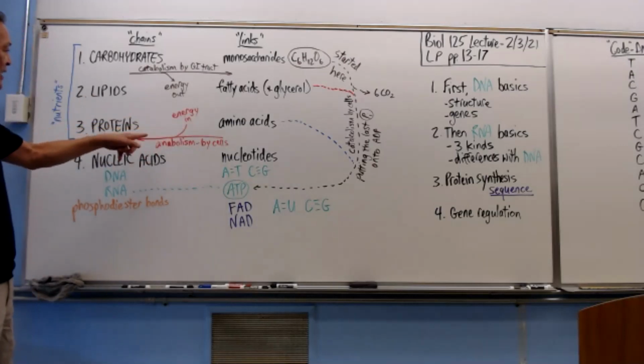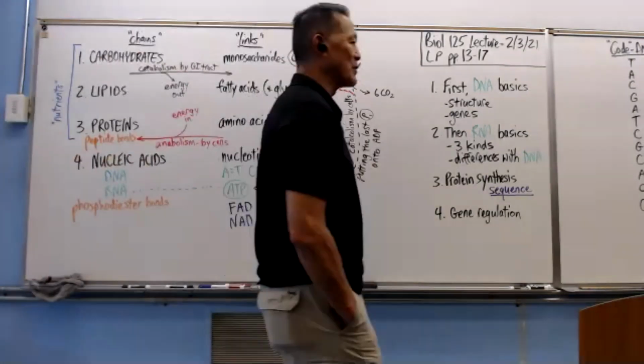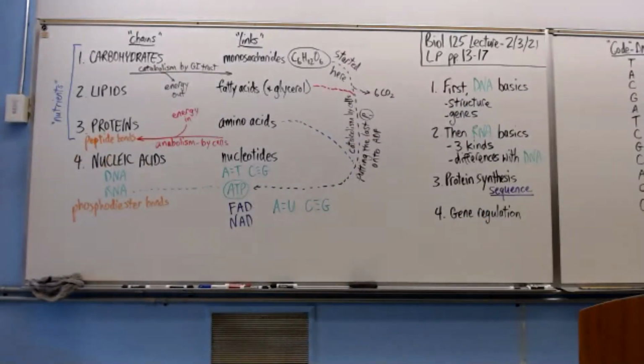That's the energy in to build up a protein. Does that help at all, seeing that, connecting those dots? It takes energy to build up large chains. This is what we're doing with protein synthesis, is doing anabolism.